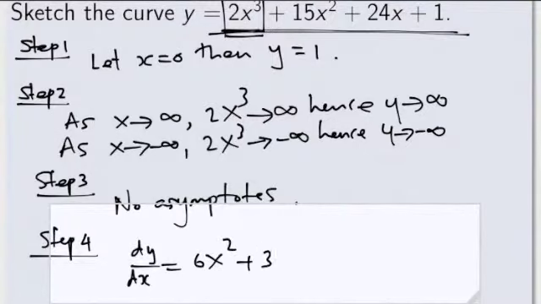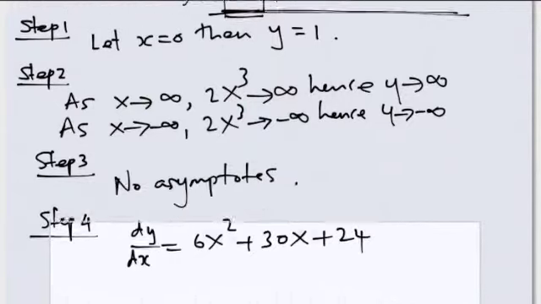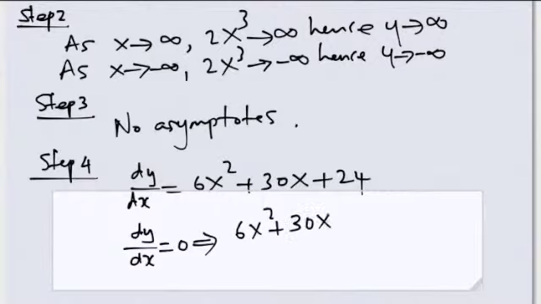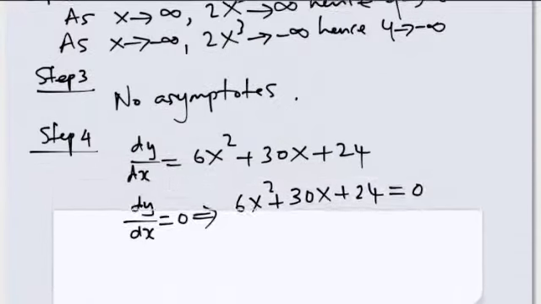Derivative of 15x squared is 30x. Derivative of 24x is 24. So we need to let dy dx equal to 0 to find any stationary points. Therefore, we have 6x squared plus 30x plus 24 equal to 0.